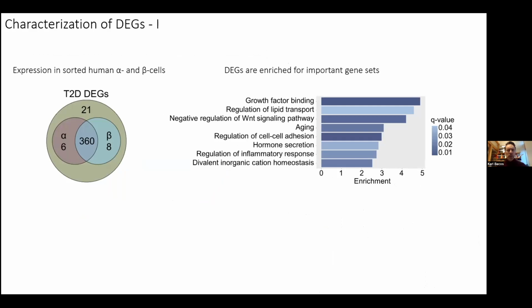We also did gene ontology enrichment analysis on the differentially expressed genes to see if there were any important biological pathways affected. And as you can see, hormone secretion, which of course is important in human islets, were among the enriched pathways.